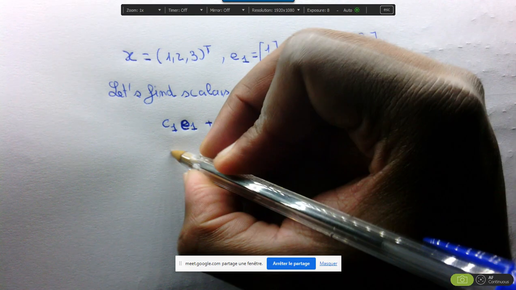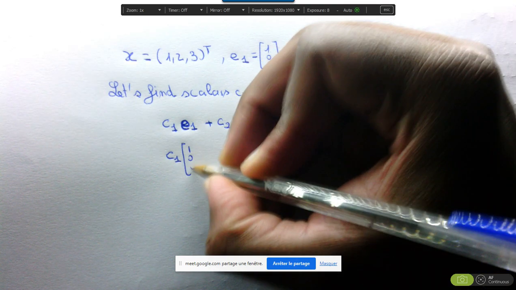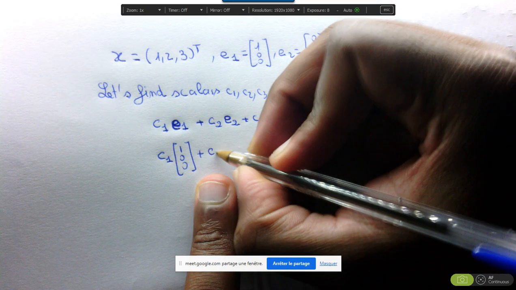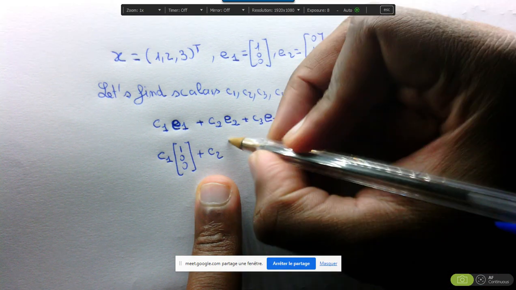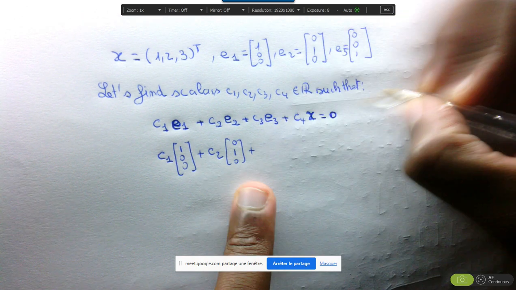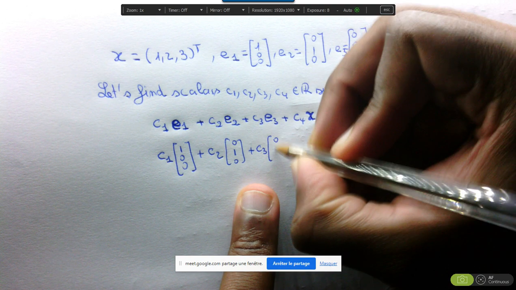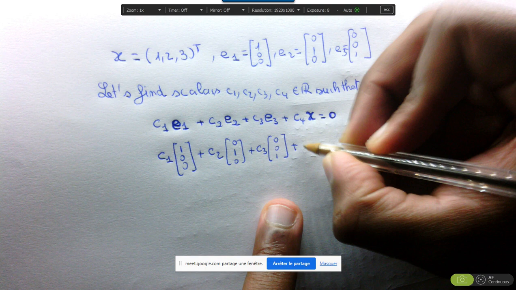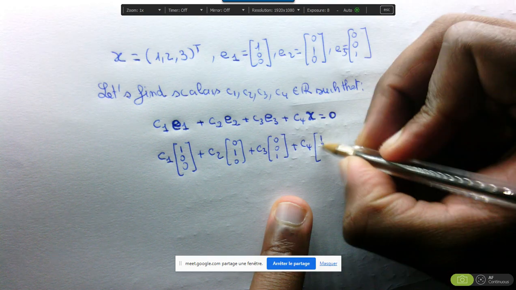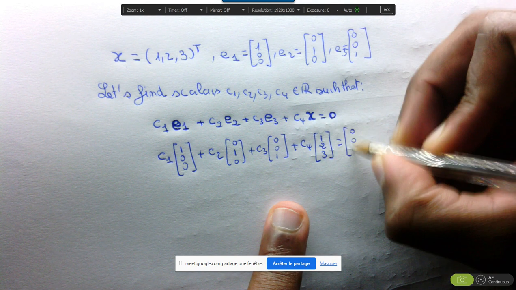In other words, C1 e1 plus C2 e2 plus C3 e3 plus C4 x, which is [1, 2, 3], equals the 0 vector, which is [0, 0, 0].